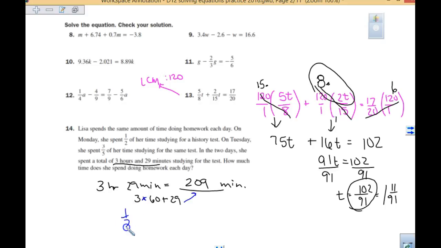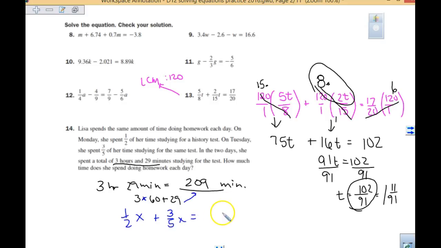So we're going to go 1/2 x, plus, what do we know, Brooke, how much on the next day? How much of her time studying? Tuesday. 3/5 x.